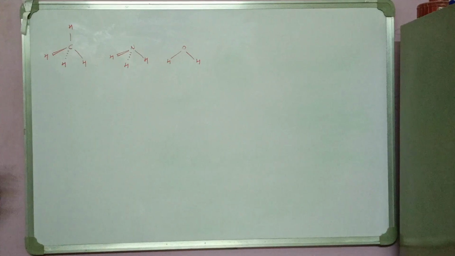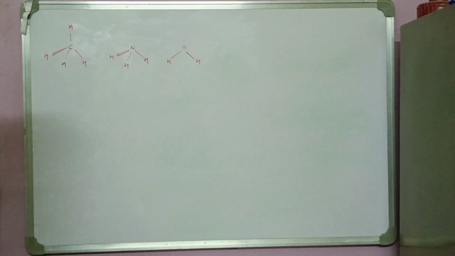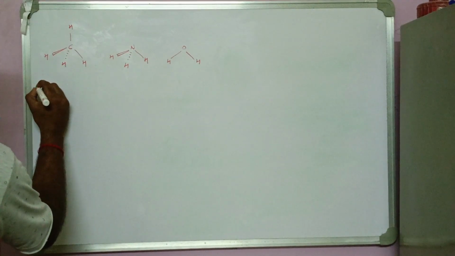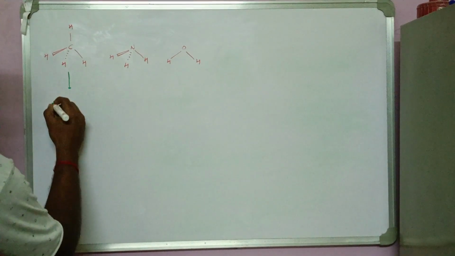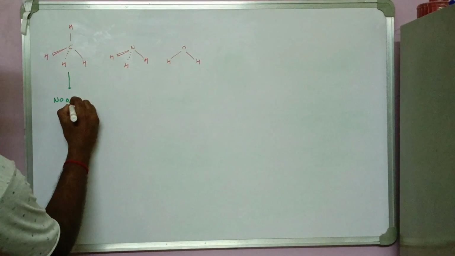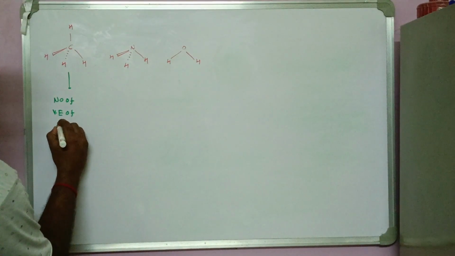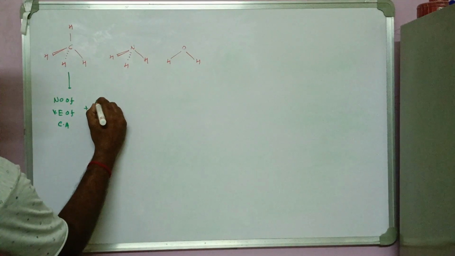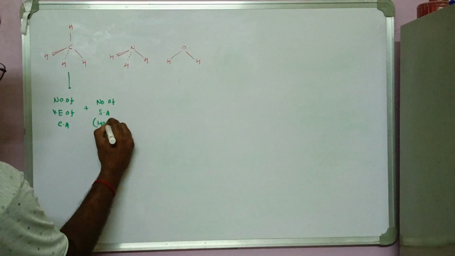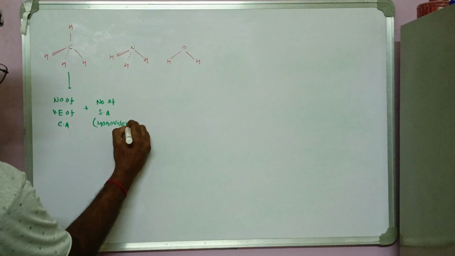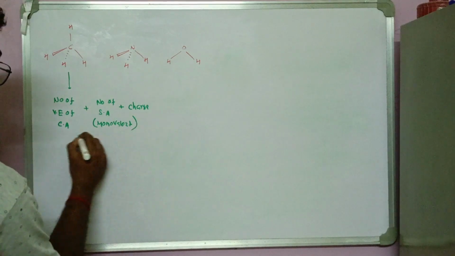So let's discuss three molecules: methane, ammonia and water. For the steric number formula, we all know that the steric number equals the number of valence electrons of the central atom plus the number of side atoms, only if monovalent, plus the charge on the system, divided by 2.